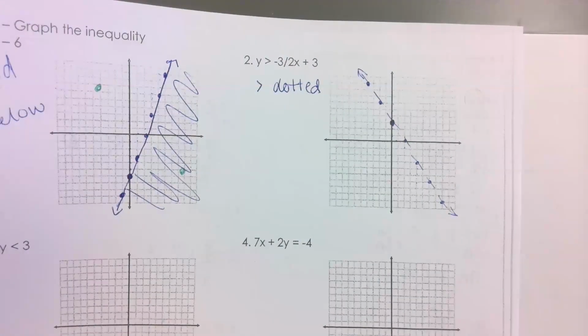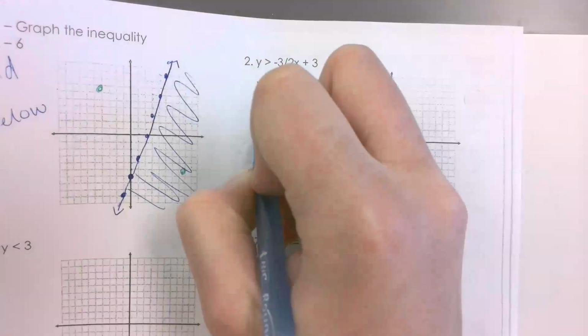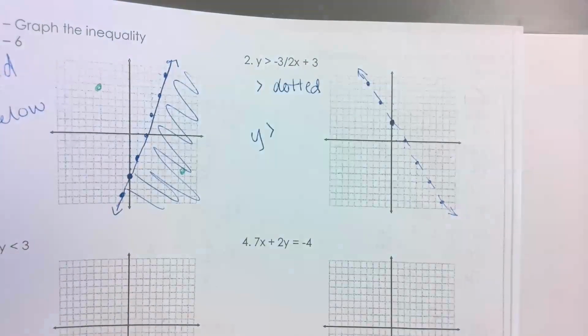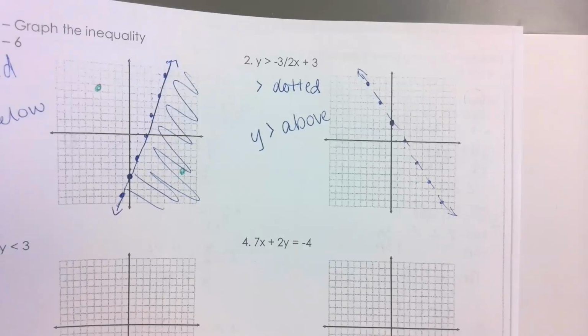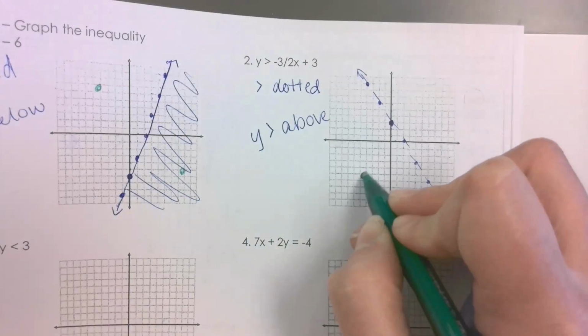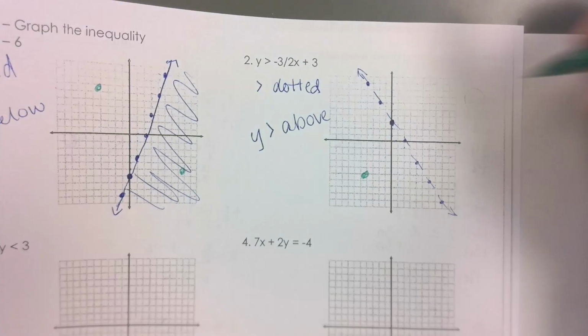So next part, we've got to decide which way to shade. It says y is greater. Does that tell you to shade above or below? Above. So we've got to decide which direction is above that line. If I have a point over here, is that above the line? What if I've got a point over here?